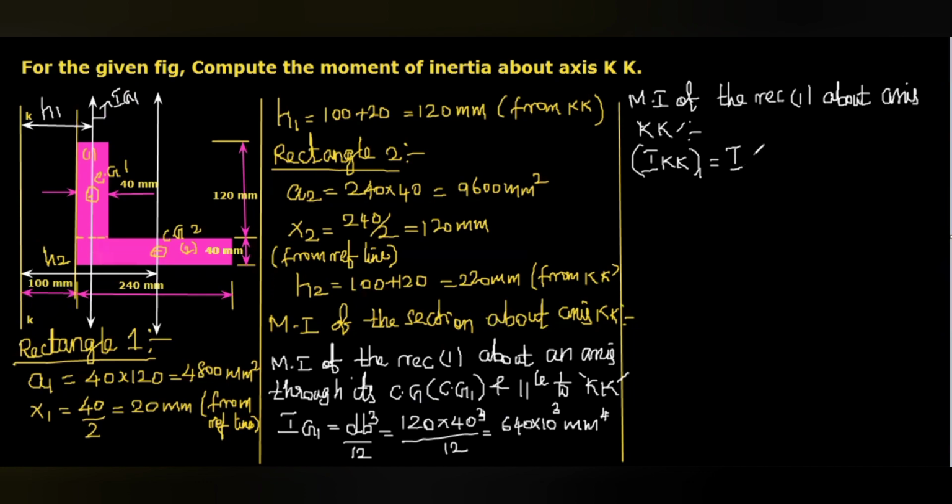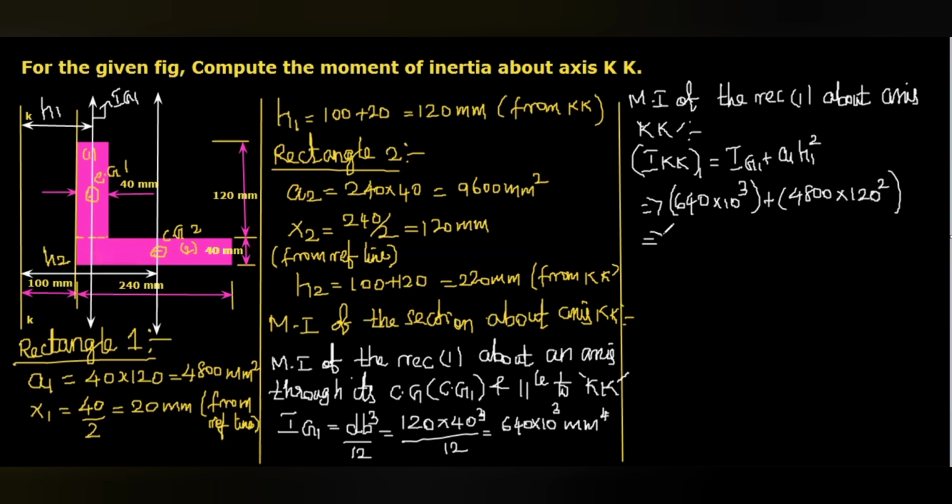IG1 plus A1 H1 square. Here IG1 we calculated as 640 multiplied with 10 power 3, plus A1 we calculated as 4800, multiplied with H1, that is 120 mm, so 120 square.